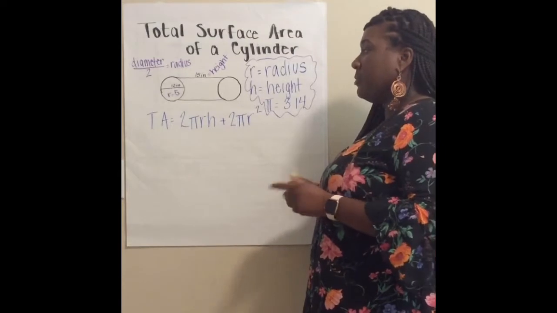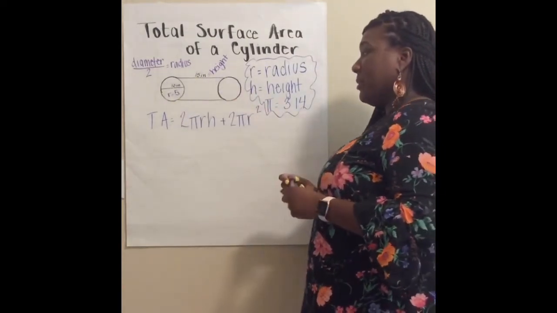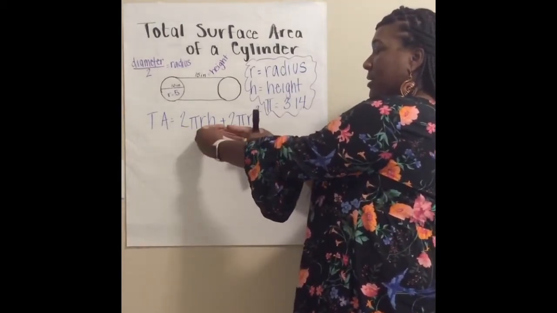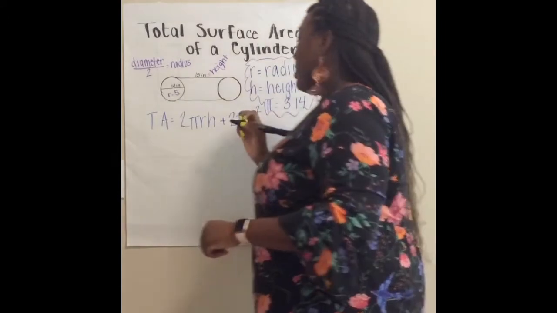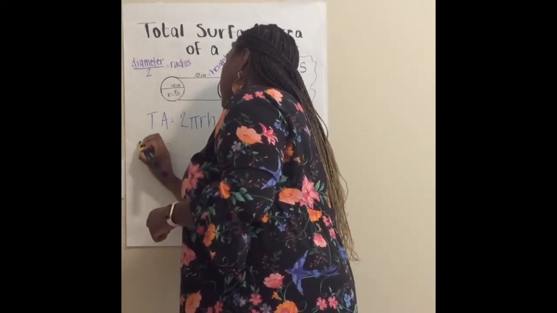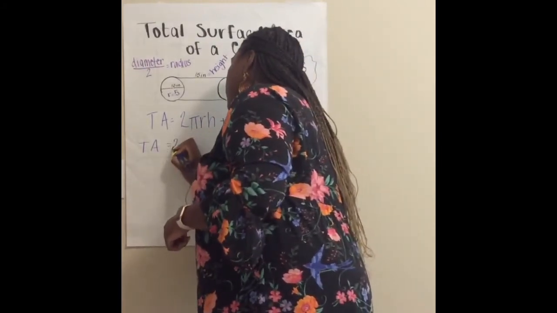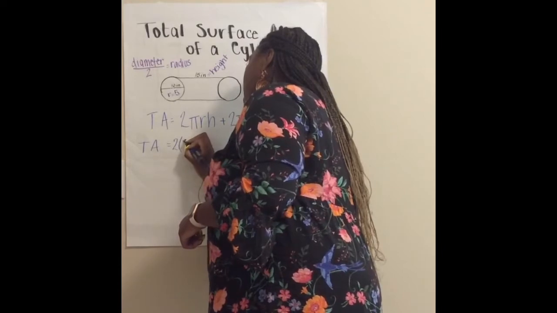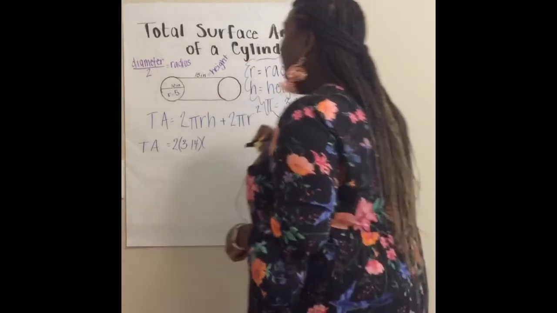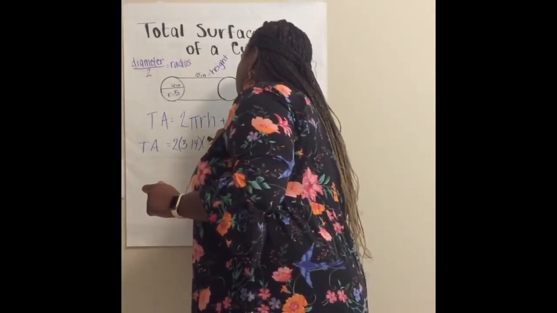Now we're ready to plug everything into our formula. Again, we have 2 separate formulas combined. So you have TA, because we need total surface area, is 2. Pi is always 3.14. Our height, even though it's laying on its side, is still 15.